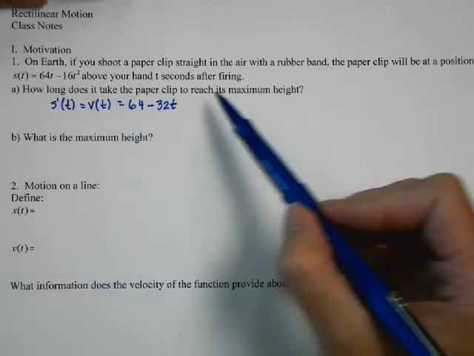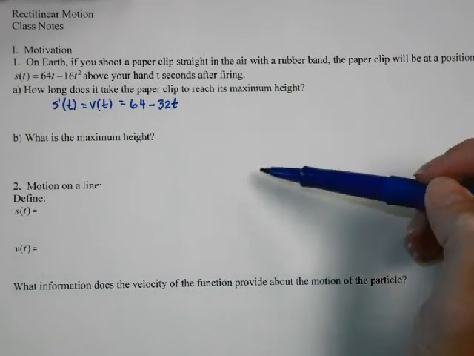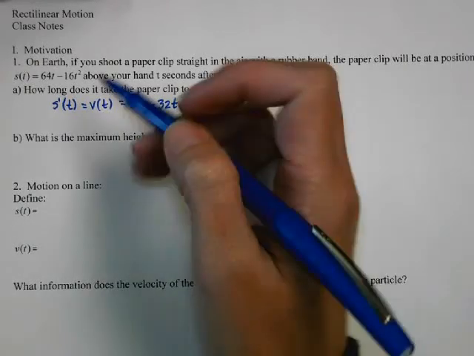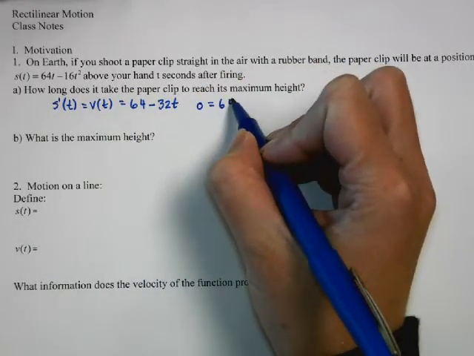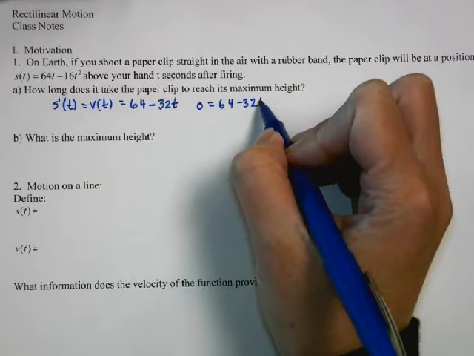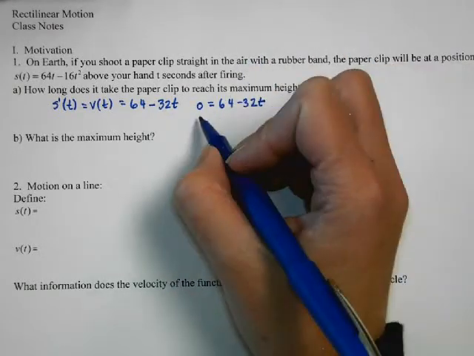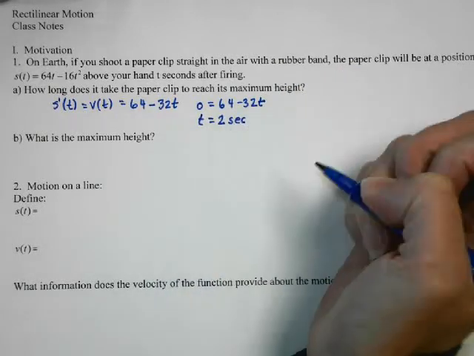If I'm looking for where it reaches its maximum height, that means it's going to go up and back down. That means the velocity is going to be 0 at that instant. So if I set this equation equal to 0, subtract 64, divide by negative 32, we get t equals 2 seconds.